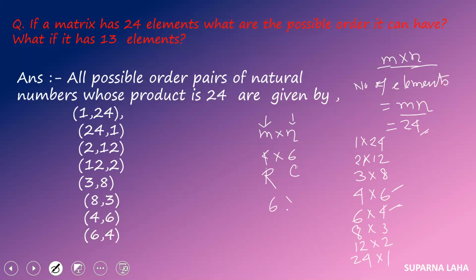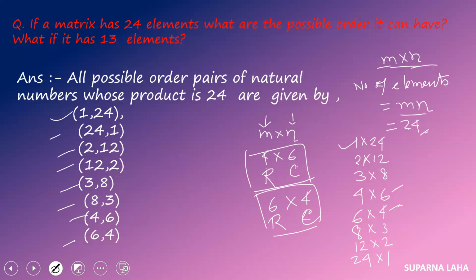But 6 cross 4 is 6 rows and 4 columns. That means these two representations are different. So the possible orders I can write like this: 1 comma 24, m comma n, 24 comma 1, 2 comma 12 or 12 comma 2, 3 comma 8 or 8 comma 3, 4 comma 6 or 6 comma 4.